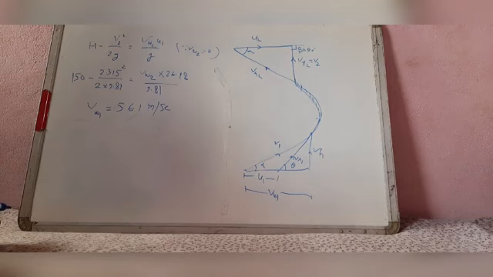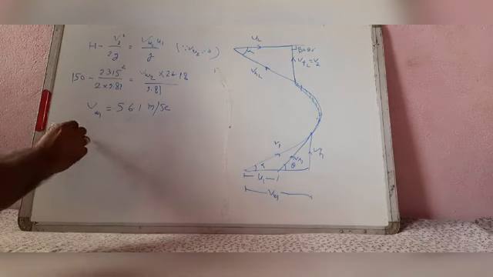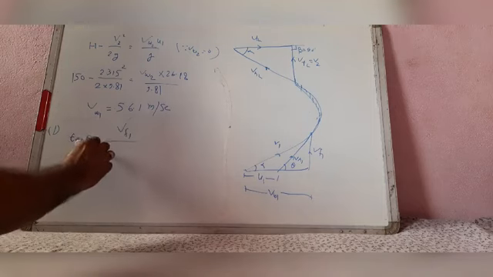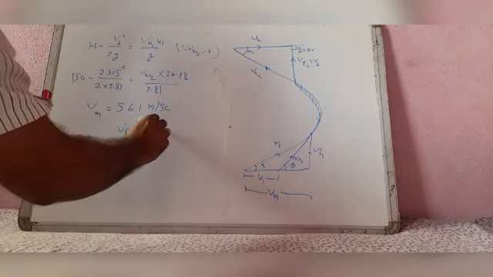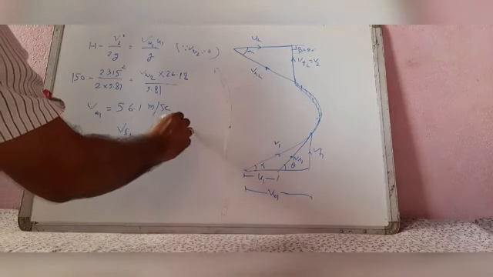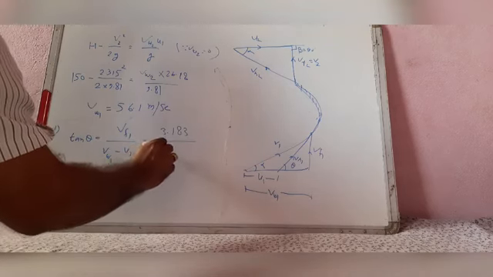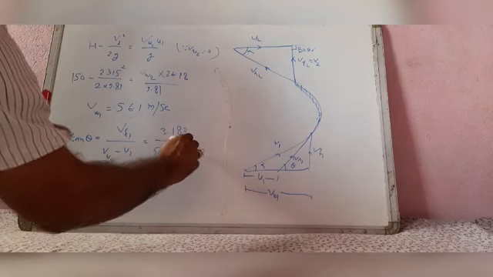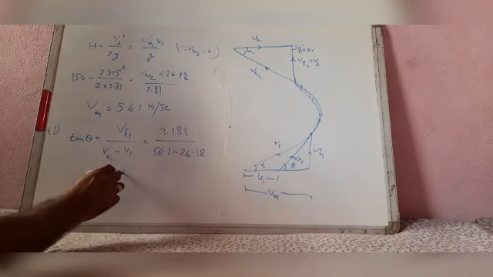Now the angles at inlet and outlet. tan theta equal to VF1 by VW1 minus U1. Putting the values here, 3.183 by 56.1 minus 26.18 equal to 0.1064.